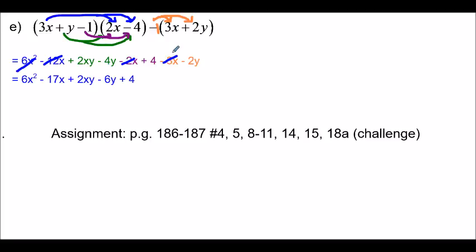I only have one term that has an xy, so there's my 2xy. I have negative 4y minus 2y. That's going to give me negative 6y. And I'll have positive 4, which will go at the end.